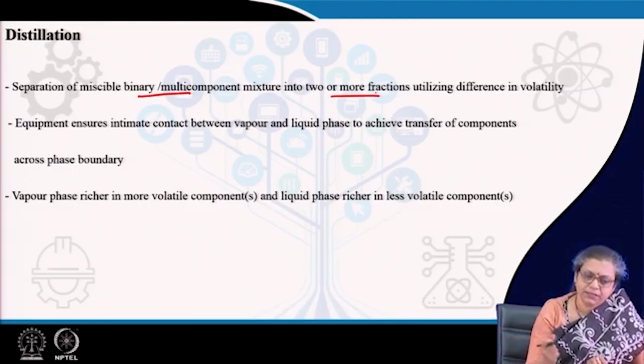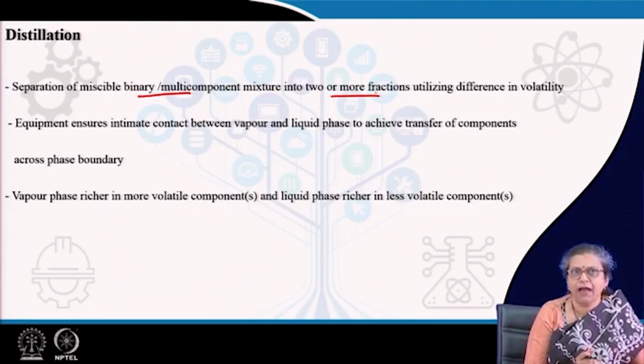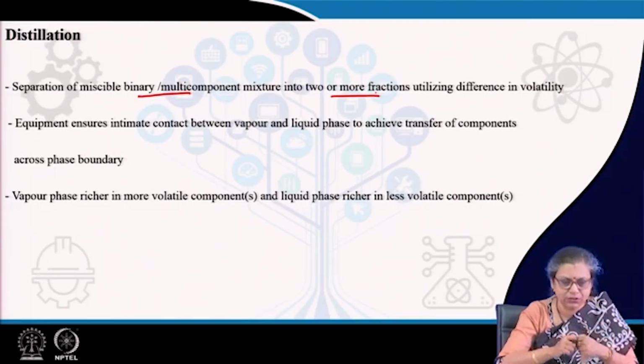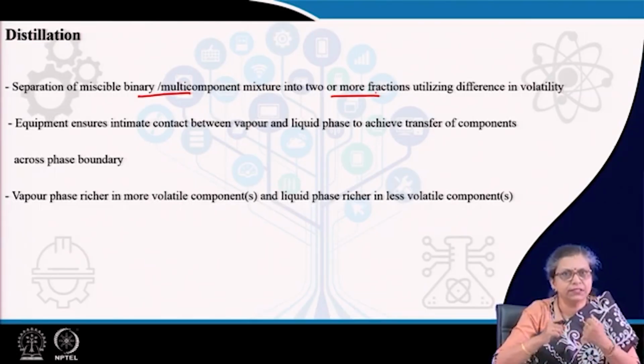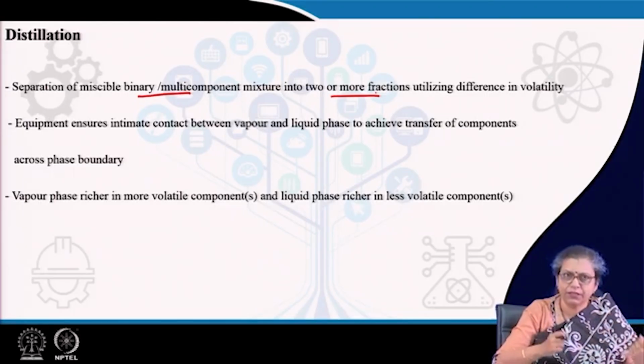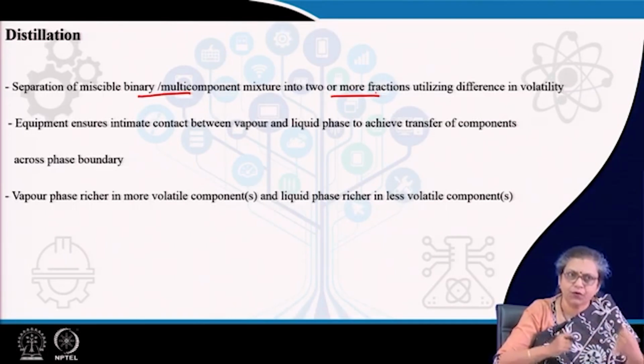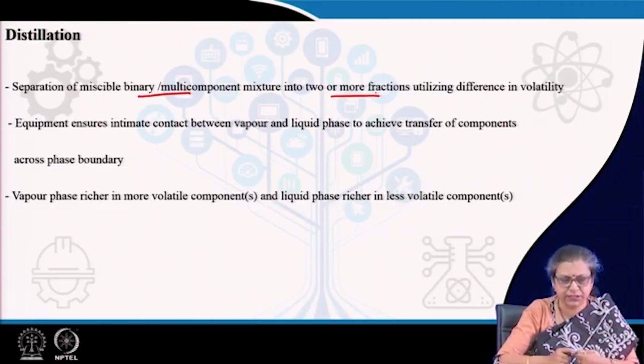And the distillation equipment that we have, as we had already mentioned, the two phases are first brought into intimate contact. In this case the second phase, which is the vapor phase, if we have a liquid feed, or a liquid phase if we have a vapor feed, has been created from the first phase by transfer of energy.